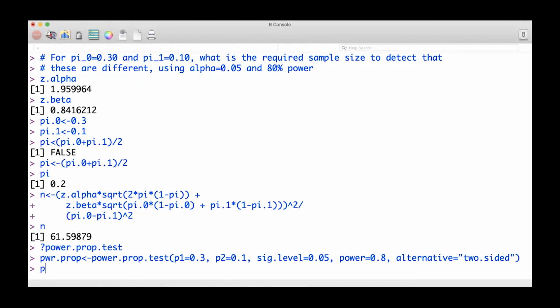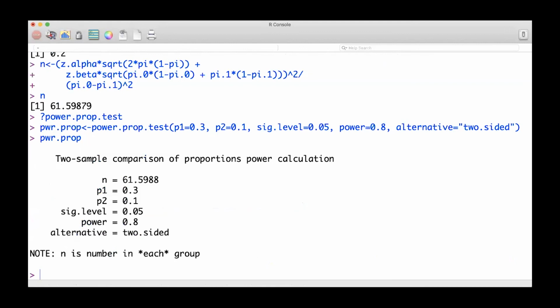All right. So then when I type the result of my object, I get the same thing. It's rounded to be the exact same expression here.